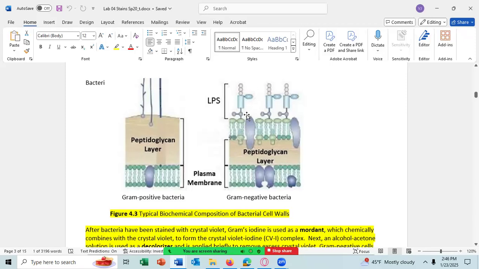We'll show that a little bit better in a future picture. Any question about that? This is the main difference, the thickness of the peptidoglycan layer in the gram-positive cell wall and the thinness of the peptidoglycan layer in the gram-negative cell wall.